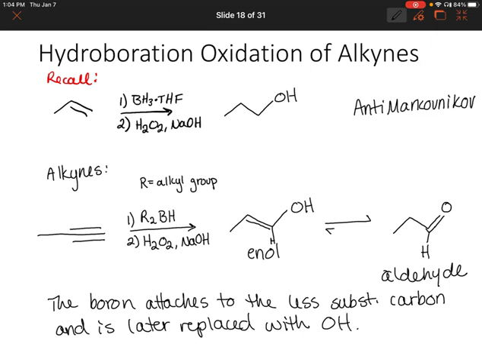But then, of course, as we just saw, that ends up forming an enol. And enols are going to very quickly turn into either ketones or aldehydes, depending on where it's located.